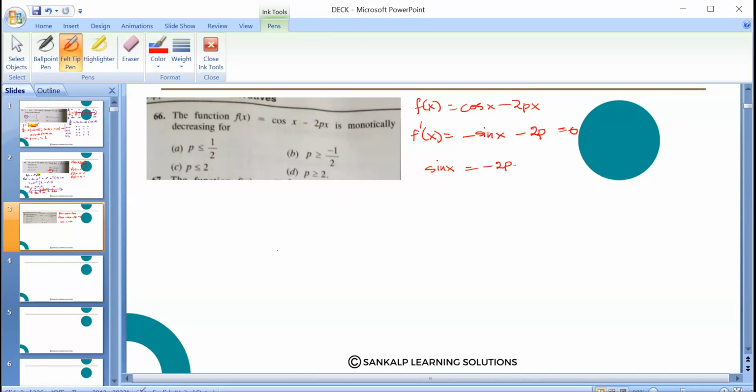But the function is decreasing. In the question itself, they said the function is decreasing. That means, what does it mean? Decreasing means f dash should be less than 0. Sin x plus 2p must be less than 0.